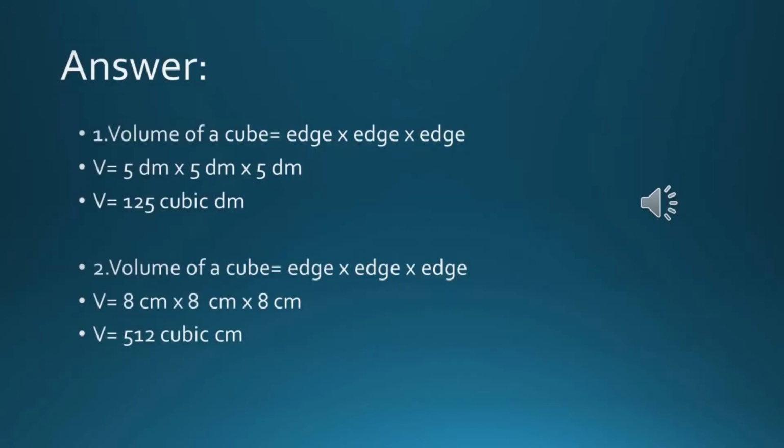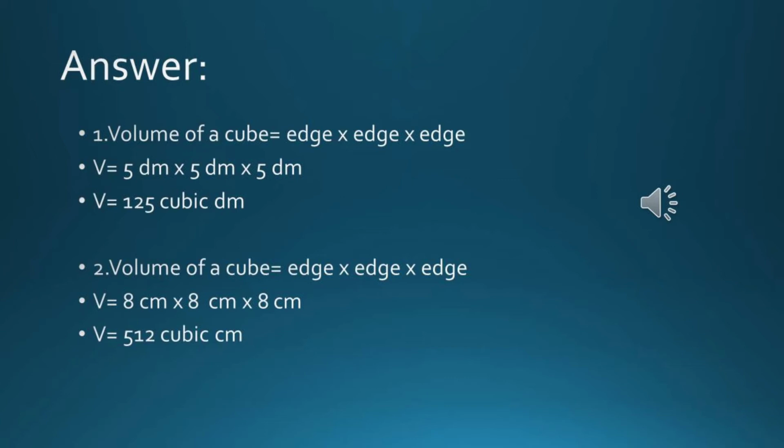Let's answer. Number 1. The volume of a cube is equivalent to h times h times h. By substitution, that is equivalent to 5 decimeters times 5 decimeters times 5 decimeters.